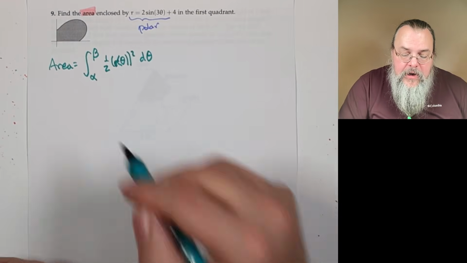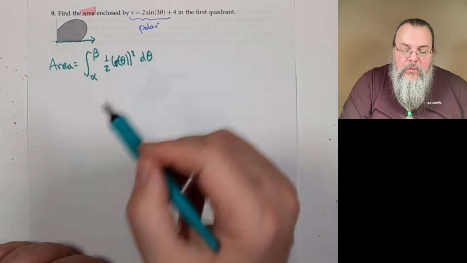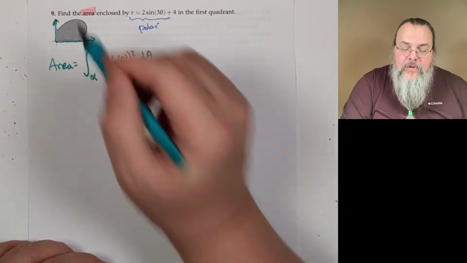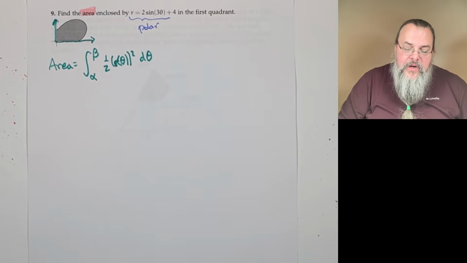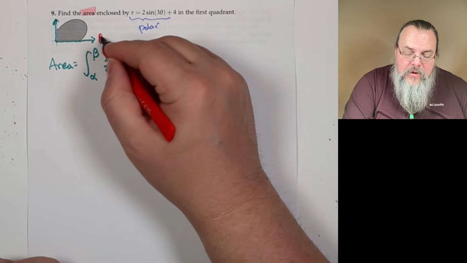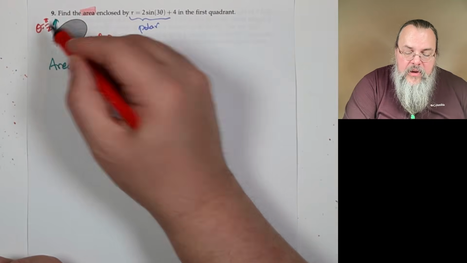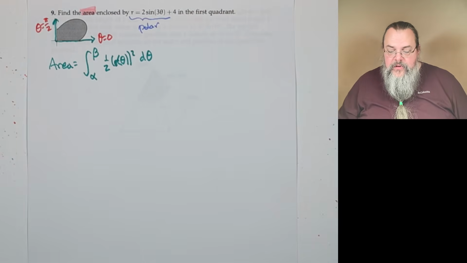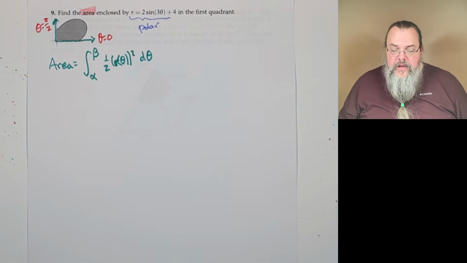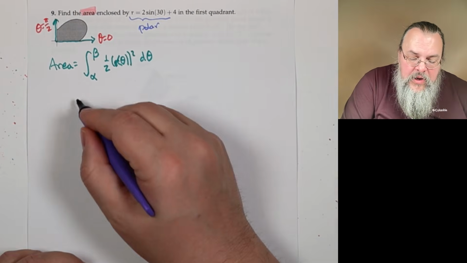Now, we're in the first quadrant. What are our angles in the first quadrant? The x-axis corresponds to the angle theta equals 0, and the y-axis is pi halves. So those are our bounds. We're going 0 to pi halves. Great, that gets us started.